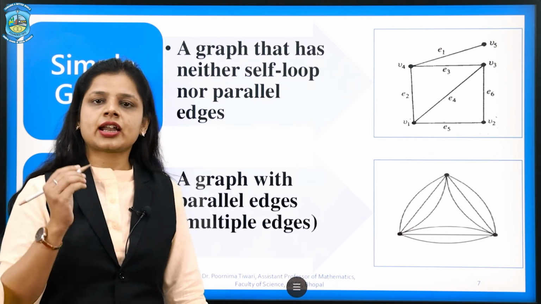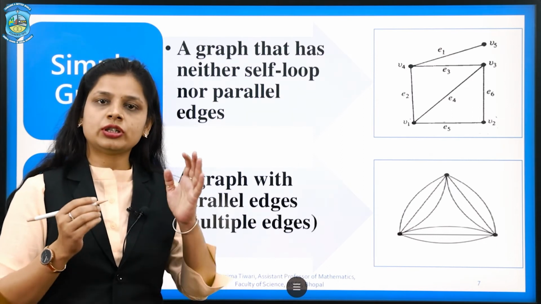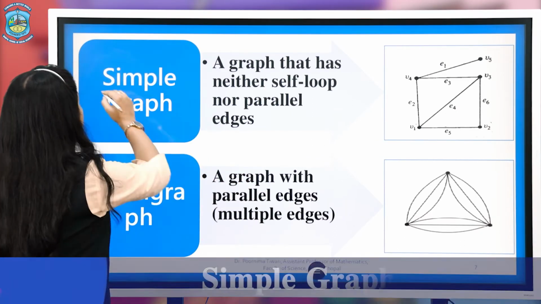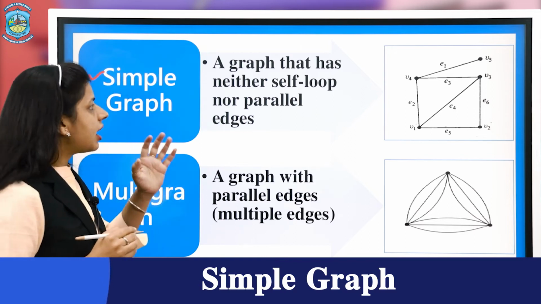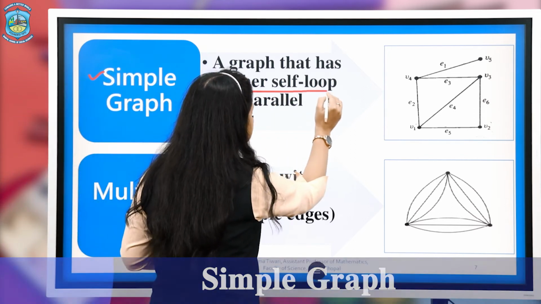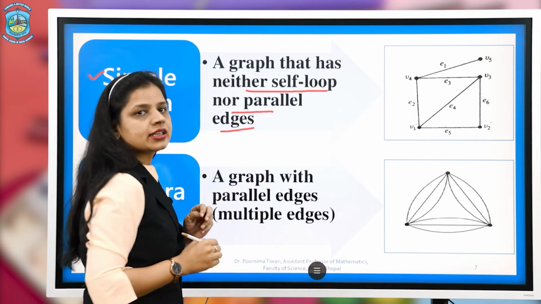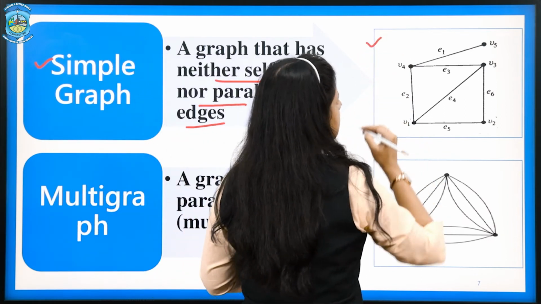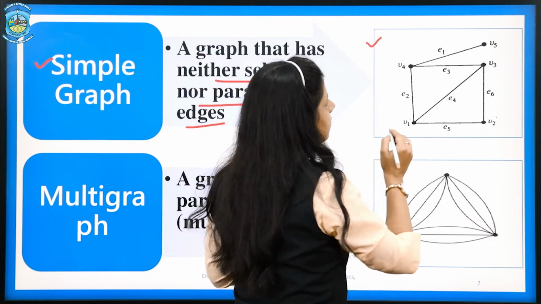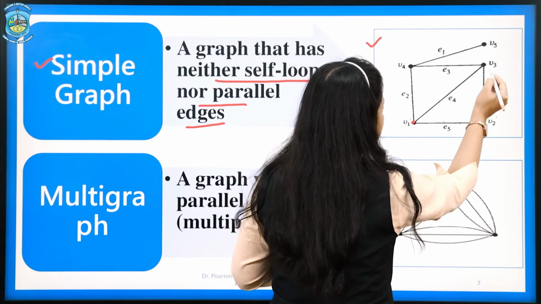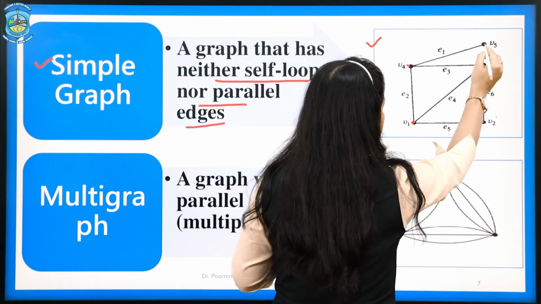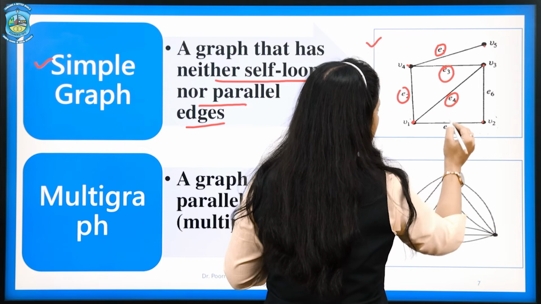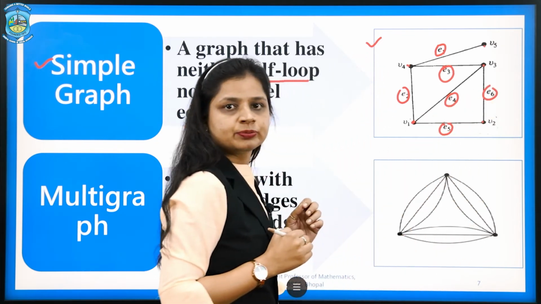Next, we will discuss classification of graph based on the property self-loop and parallel edges. First is simple graph. A graph that has neither self-loop nor parallel edges is called a simple graph. This is an example of simple graph. We may observe this graph has 5 vertices V1, V2, V3, V4, V5 and 6 edges E1, E2, E3, E4, E5 and E6.